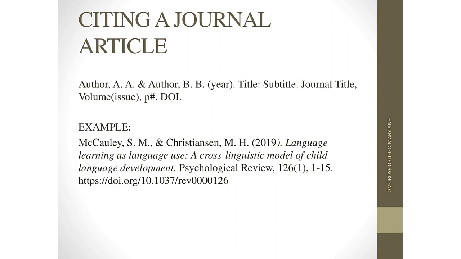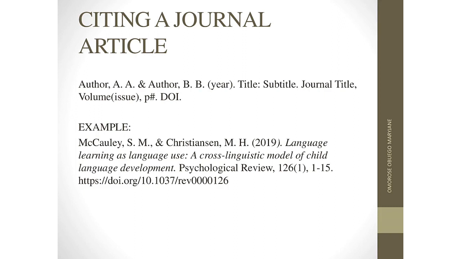Then there's a subtitle, A Cross-Linguistic Model of Language Development. Then we have the journal title. The journal title is Psychological Review. We have the volume, that's volume 126, 1, that's the issue, pages 1 to 15. Then we have the DOI.